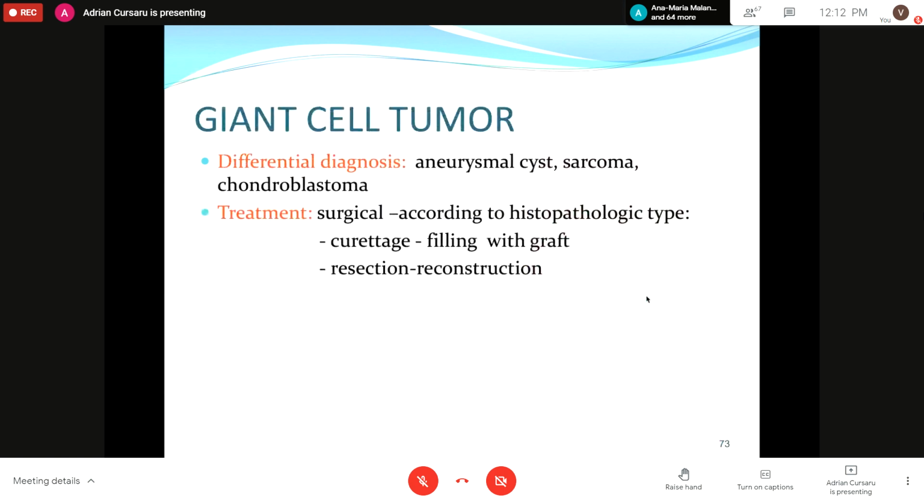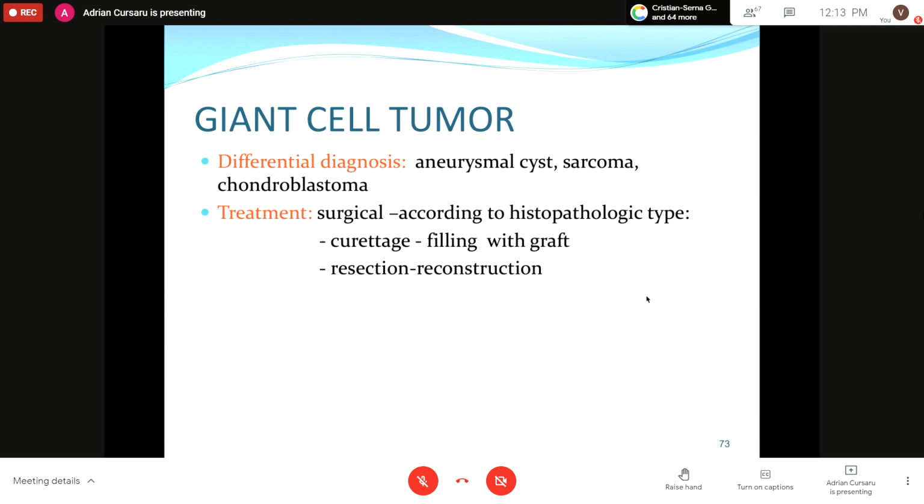What's the correct treatment in those cases? In all cases of giant cell tumors, the correct treatment is surgical, according to the histopathologic type. It is very important to know if it's an inactive one, where you just make curettage and fill the lesion with bone grafts.